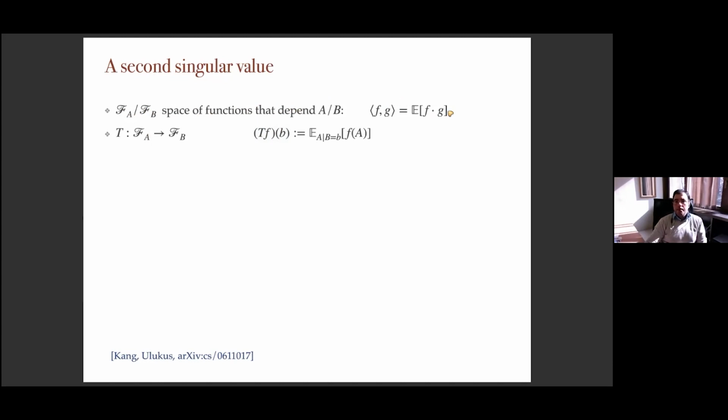You realize that I can think of this expectation as an inner product on the space of all functions.